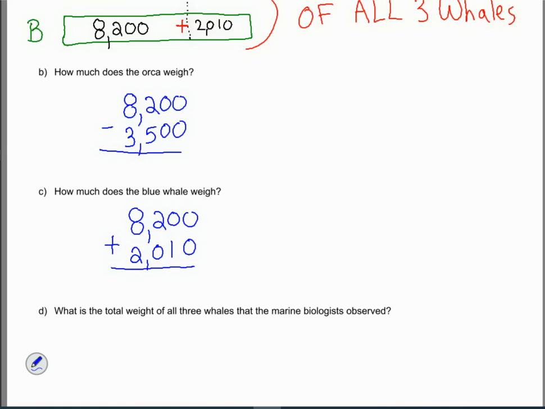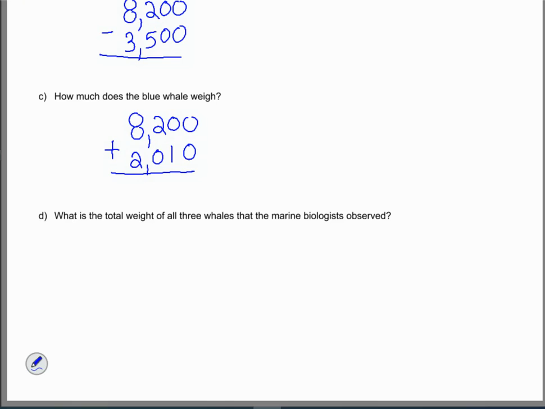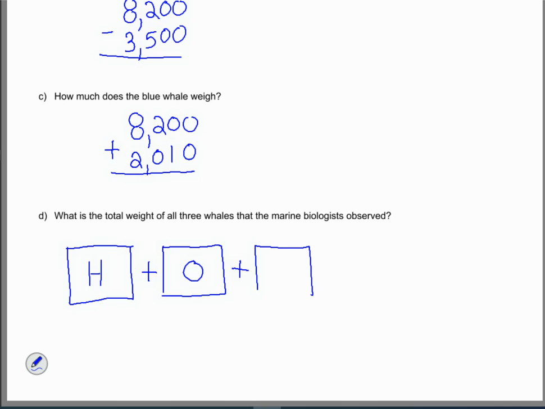It's an addition problem. And I'll let you solve that at home. After you solve those, you'll have a number for the humpback whale. Actually, you already have a number for the humpback whale. You'll have a number that you solved for the orca. I'll put an O. And you'll also have a number for the blue whale. I'll put a B. And if you add those together, that will give you your total that you're trying to solve. And I'll let you figure that out at home as well.